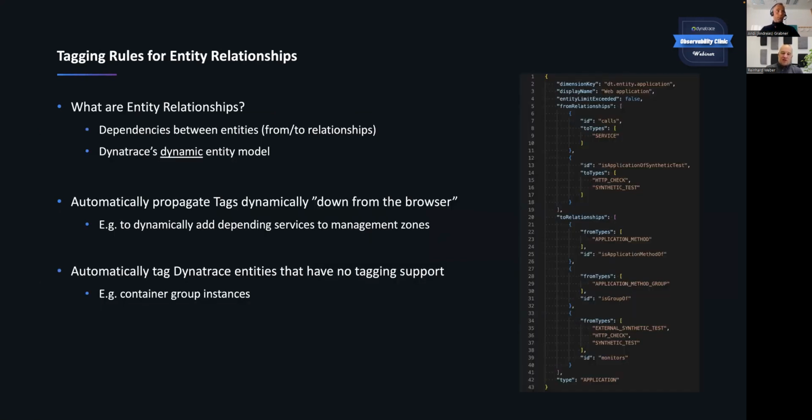The other thing that is quite a powerful feature within Dynatrace that's maybe not too well known is entity relationships and tagging rules for entity relationships. So just to quickly recap, what are entity relationships?